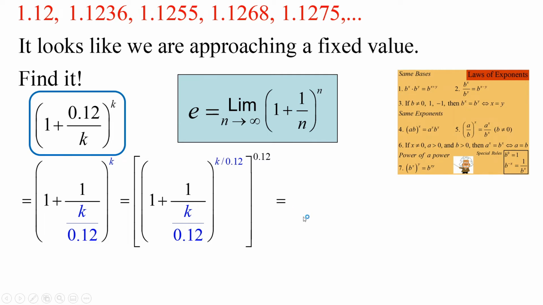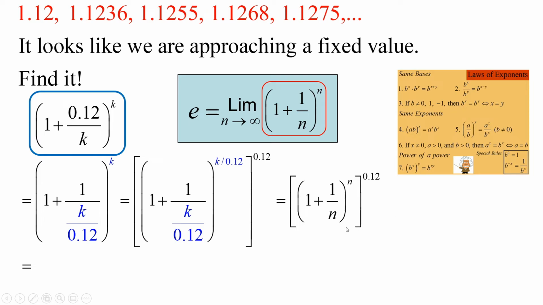That equals 1 plus, and again, I'm going to let this k over 0.12 equal n, and that k over 0.12 is also n. So I've got my e, because n is approaching infinity, to the 0.12 power.